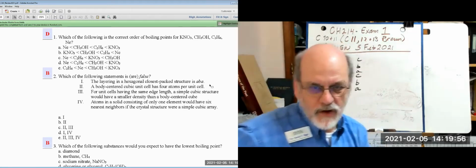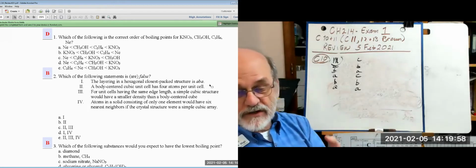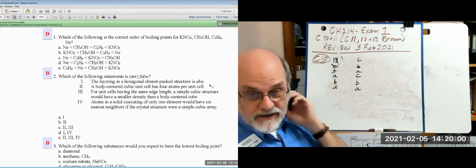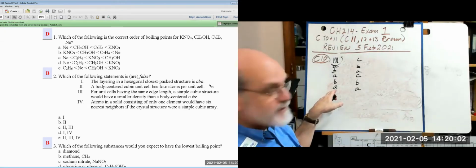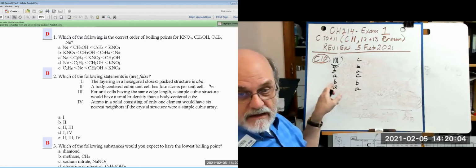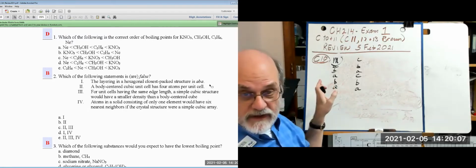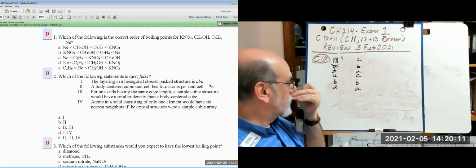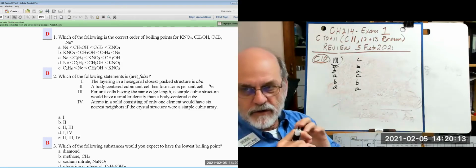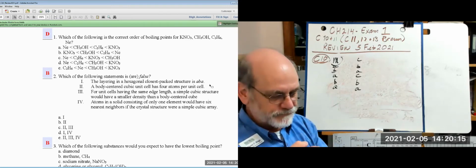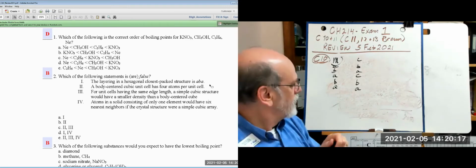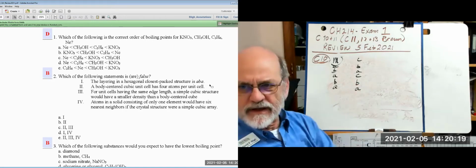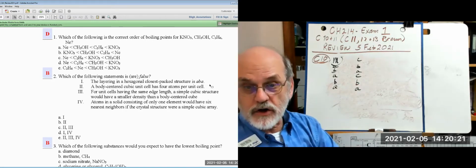So what do we know about those? Well, you just have to remember. I mean, you have to memorize it. This ABA is actually hexagonal closest packing. Right? If you look at the unit cell in there, you find that it forms a hexagon. Whereas this one, I believe, was a face-centered cube.